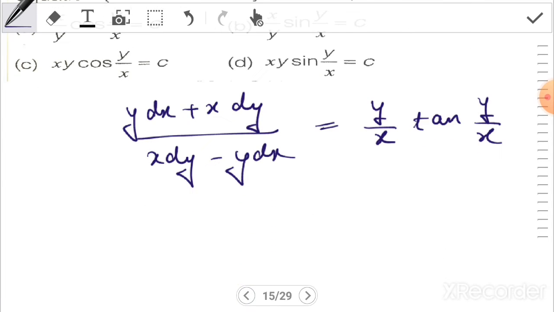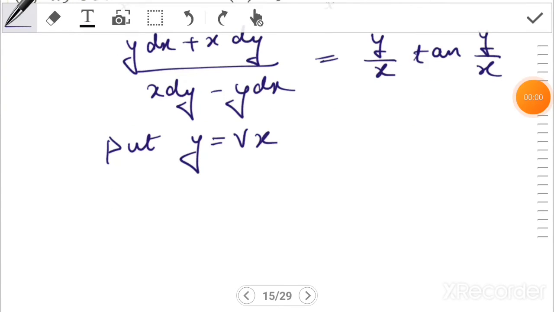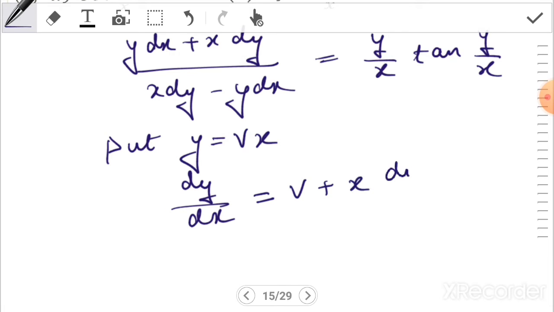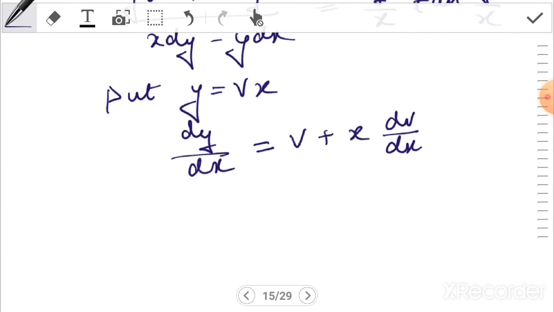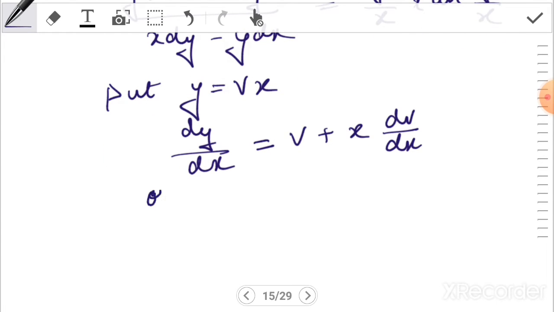So to solve, let us put y is equal to vx, then dy by dx is equal to v plus x dv by dx, or dy is equal to v dx plus x dv.